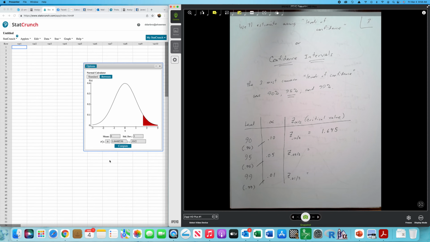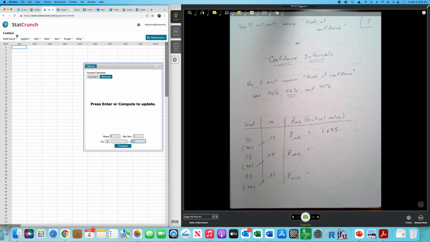All right, let's calculate the Z critical for a 95%. 95 goes to 0.95. What number adds to 0.95 to make 1? A 0.05. So we want the Z for the 0.05 divided by 2. Find it.